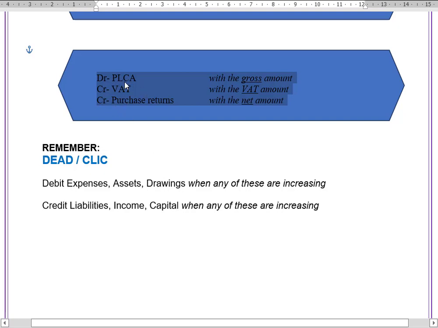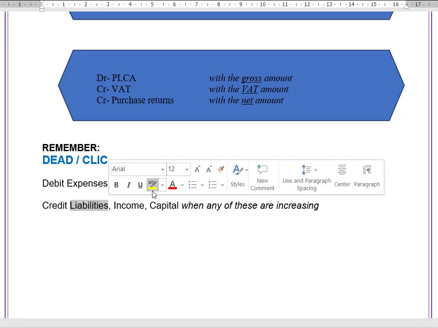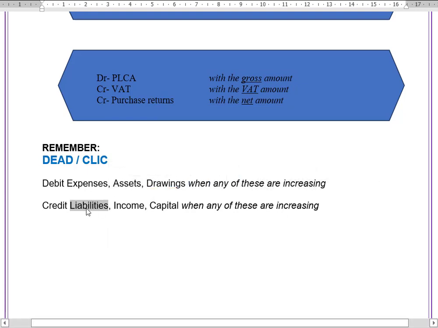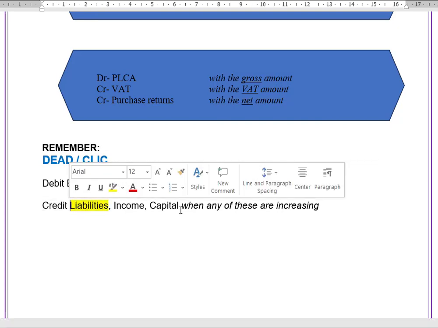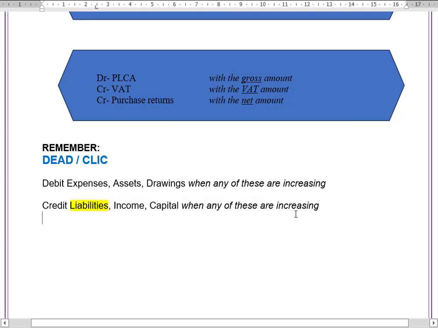So your PLCA is a liability, and the liability right now is reducing. Hence, we are doing the opposite of what we have indicated there, because it is reducing. The liability that you owe to your supplier is reducing because I returned an item to you. So technically, I don't owe you that money anymore, so I want to decrease my liability.